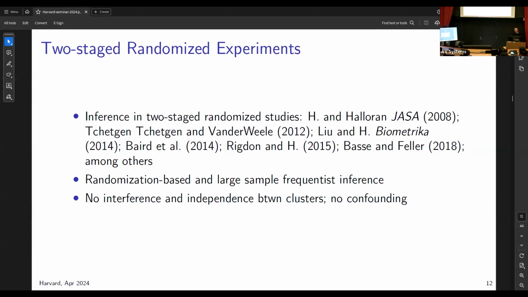And the reason it's straightforward is because you've done this 2-stage randomized experiment, you don't have to worry about confounding either at the group level or at the individual level. And so because of that, and because of the fact that we have clusters of individuals and we made this partial interference assumption, generally inference is straightforward if you're able to do these sort of two-stage randomized experiments.